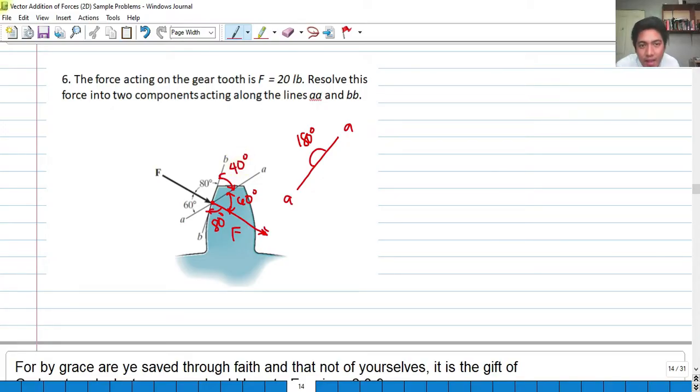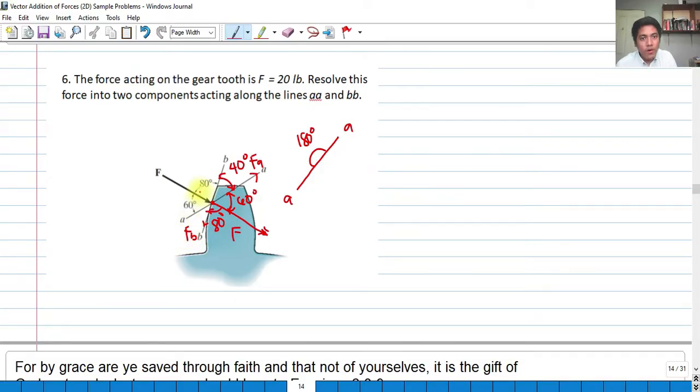Why did I get that? Because it's important, because we're going to resolve F in terms of A and in terms of B. If I'm going to resolve this force F into A, I would be having an FA here, and into B, I will be having FB here.